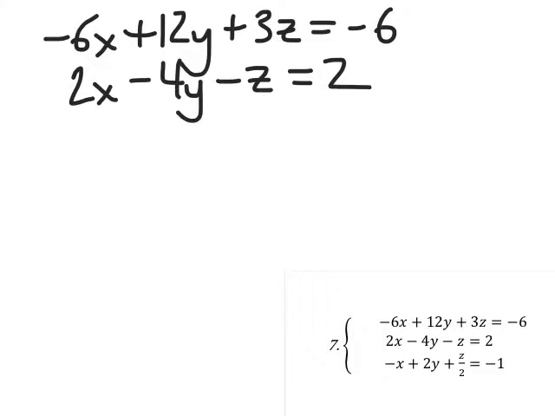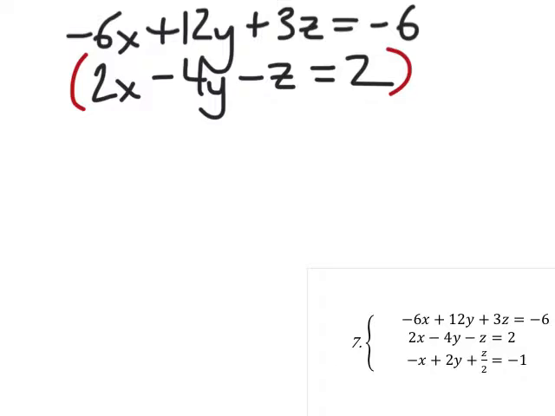In order to do that, they're already opposites, and that's fine. But what I can see, and some of you may see this as well, you can multiply both of them by the other's coefficient of x here. But some of you may realize that you can just multiply the bottom equation by 3. That's going to give you opposite coefficients there.